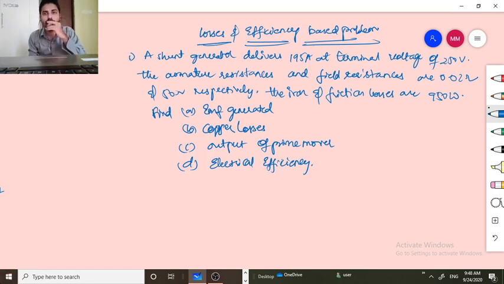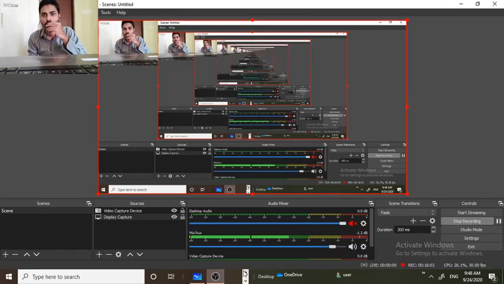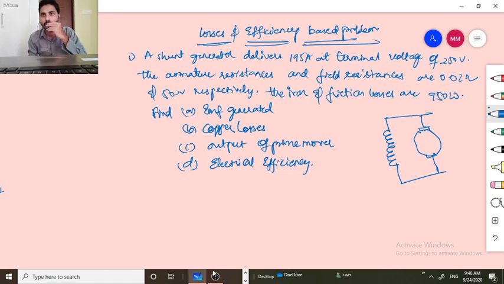So this is basically a shunt generator problem. So draw the shunt generator diagram first. So this is the shunt generator diagram.